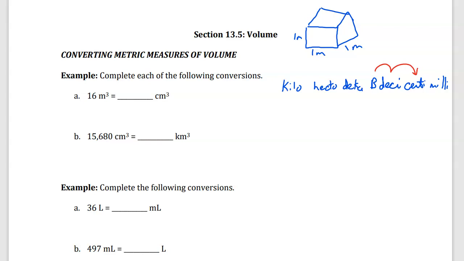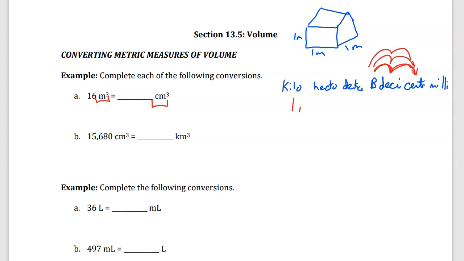When we went meters squared to centimeters squared, we had to go twice. In other words, I told you to move it 1, 2, and then another 1, 2. Now, if we go meters cubed to centimeters cubed, I'm going to go 1, 2, 1, 2, and then a third time of 1, 2.